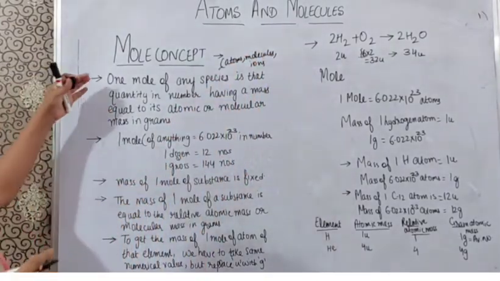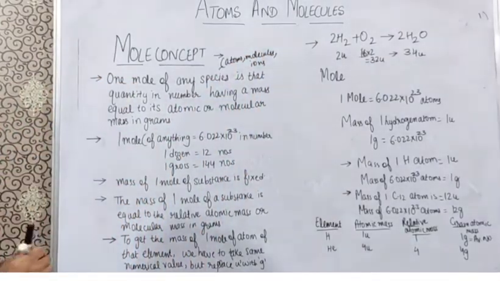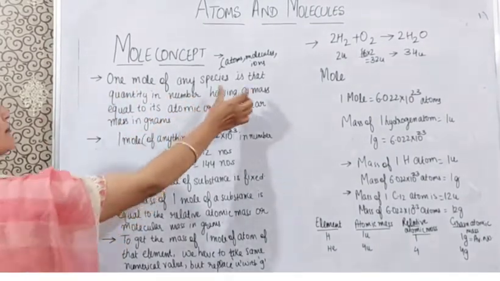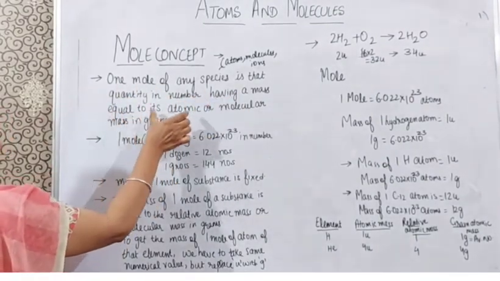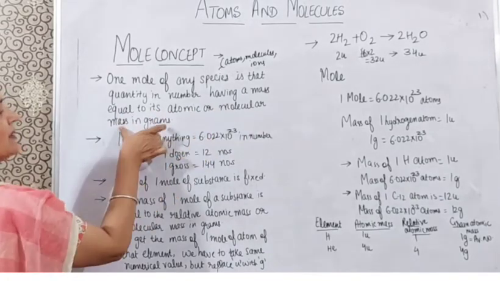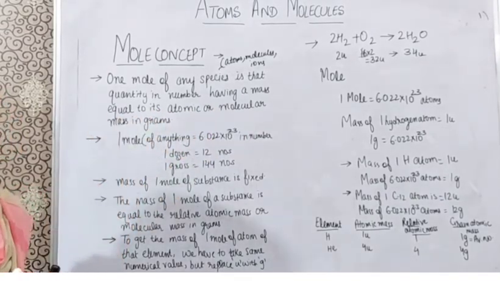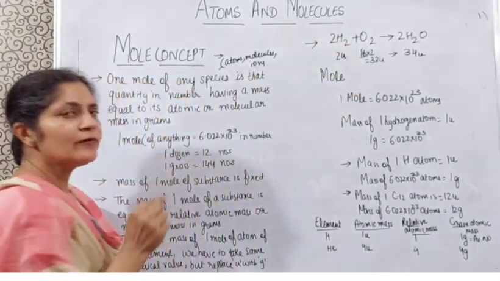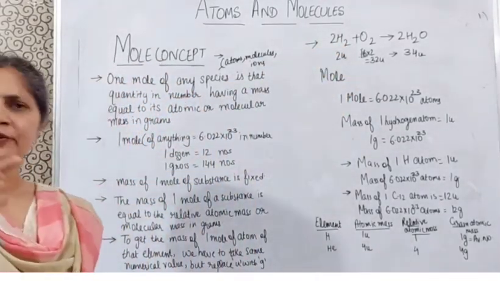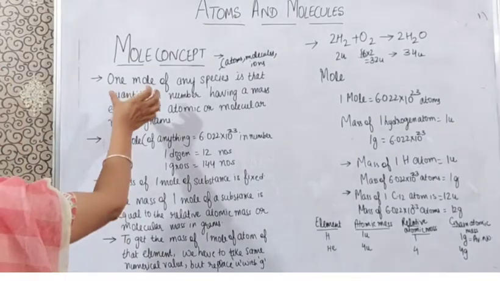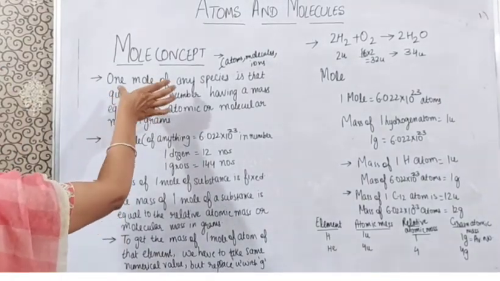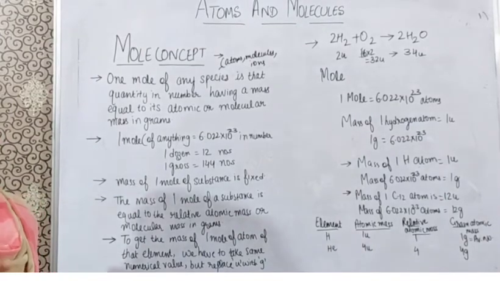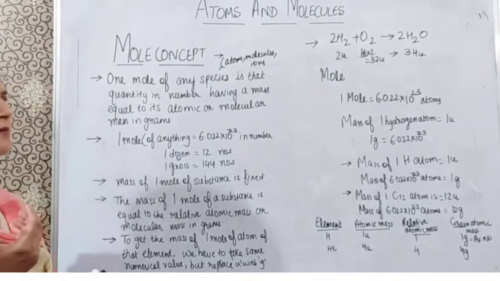So 1 mole of any substance is that quantity in number having a mass equal to its atomic or molecular mass in grams. We are using the unit U, but when we use the unit gram, it depicts 1 mole of any species. Now students, we will see how much it is equal to.